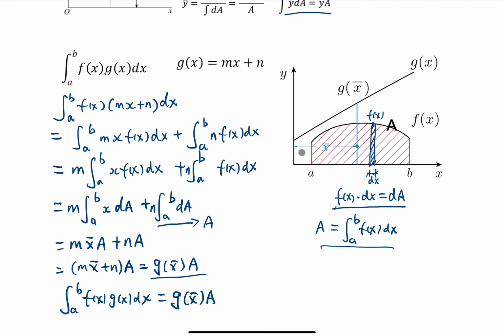The x coordinate of that centroid point is what you use to evaluate g(x bar). So this integration is equal to the area under f(x) times g(x) evaluated at the x coordinate of the centroid of that area under f(x).